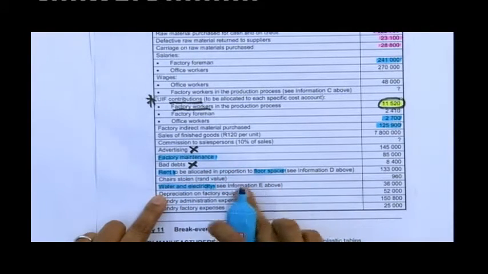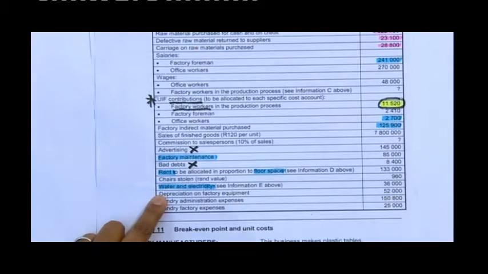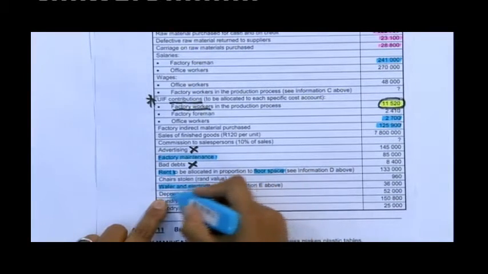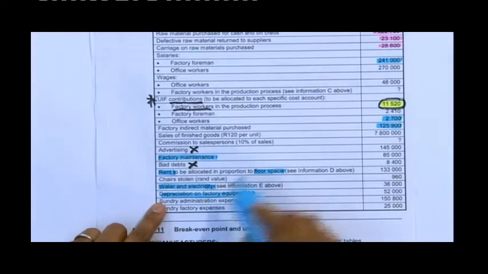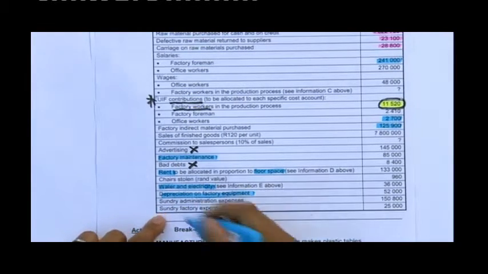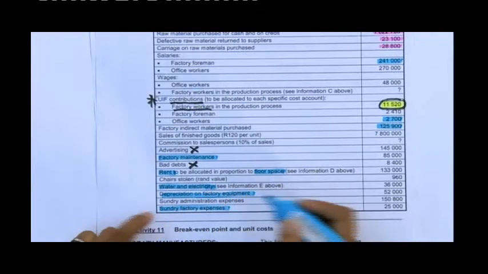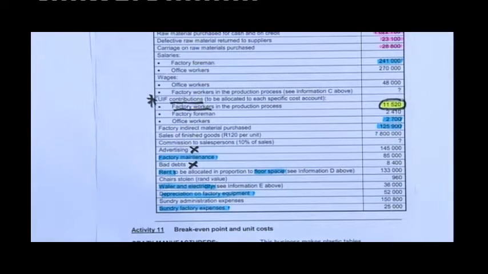It says see information E. That was what we spoke about, the 60% we're going to consider. Depreciation on factory equipment. It says factory equipment. If they say depreciation on office equipment, you ignore that. Just factory equipment. Sundry admin expenses we are going to ignore. And then sundry factory expenses we will consider.